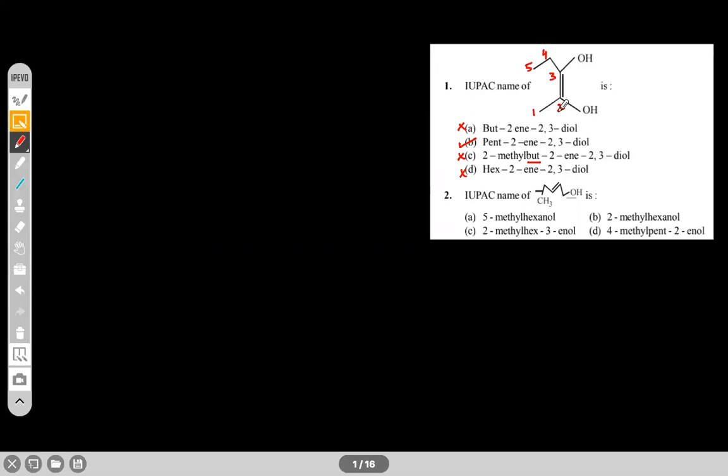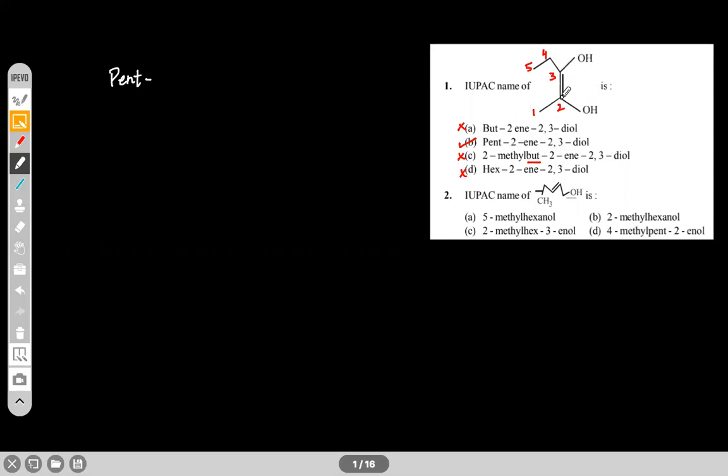What is the process? We have 5 carbon atoms, a double bond at the second carbon, and OH groups at the second and third positions, right? So the name of the compound is pent. The primary suffix is "ene", the secondary suffix is "ol".